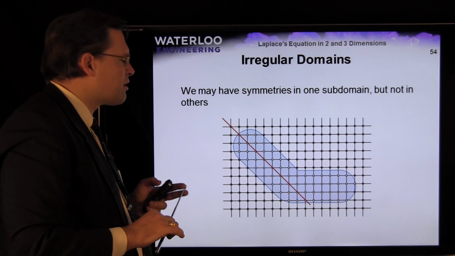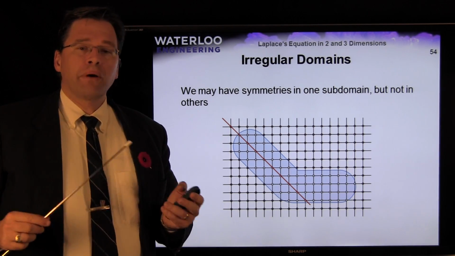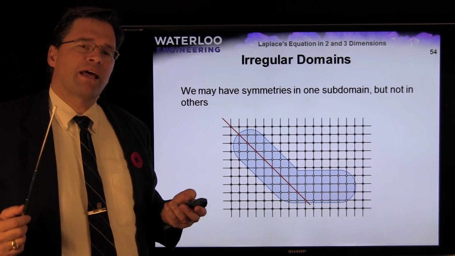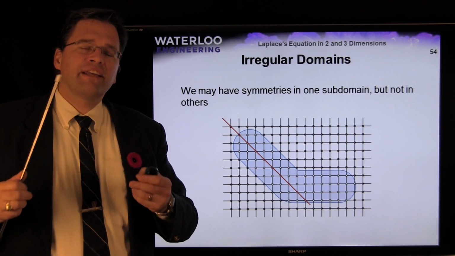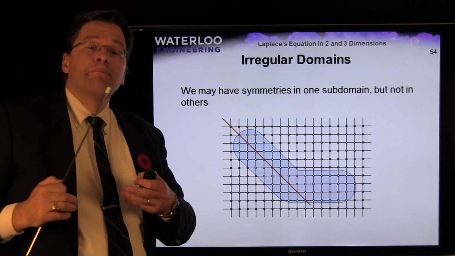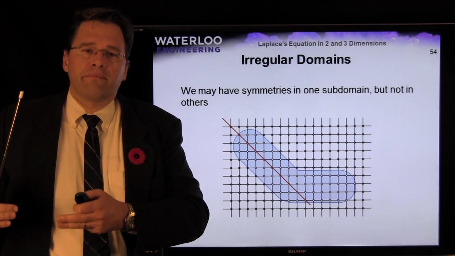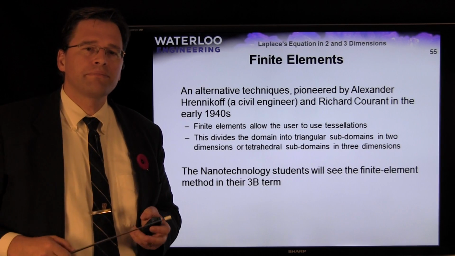You could even use symmetries in the problem, but in most cases what we're going to see is that finite elements make a lot more sense, and finite elements will later on allow us to fit this shape more simply. But in this case, we're looking specifically at using finite differences.